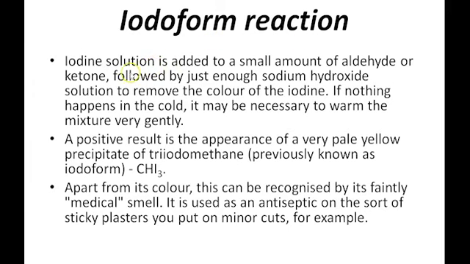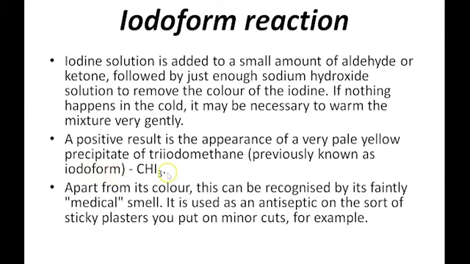In the iodoform reaction, iodine solution is added to a small amount of aldehyde or ketone, followed by just enough sodium hydroxide solution to remove the color of iodine. If nothing happens in the cold, it may be necessary to warm the mixture very gently. A positive result is the appearance of a pale yellow precipitate of triiodomethane, commonly called iodoform.